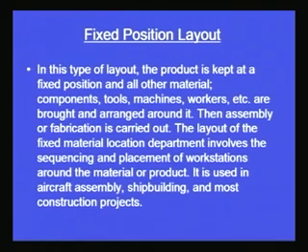The layout of the fixed material location department involves the sequencing and placement of workstations around the material or product. So the fixed material location department will allocate or sequence the operations around the product only.